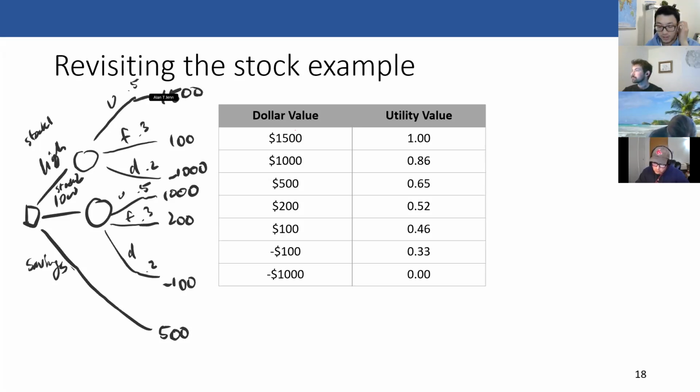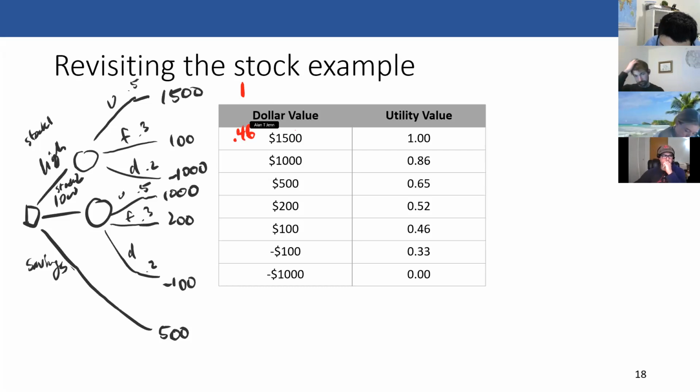Okay, so hopefully you guys are all kind of clear on how we calculate the expected values, but now we're going to calculate the expected utilities. So instead of using the dollar values, we're going to use the corresponding utility values. So that's going to be 1 for 500, for 100 it's 0.46.